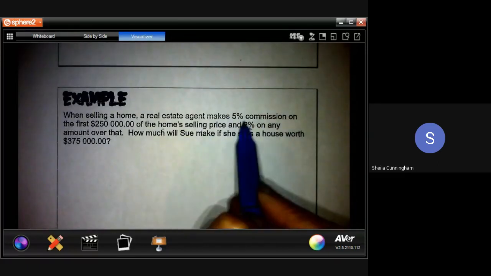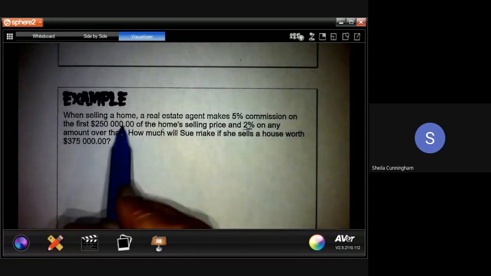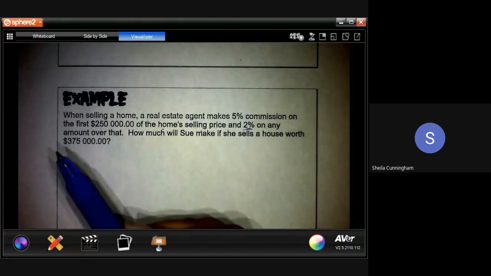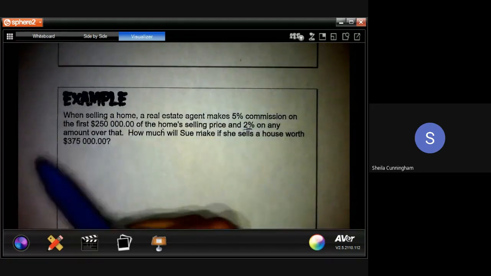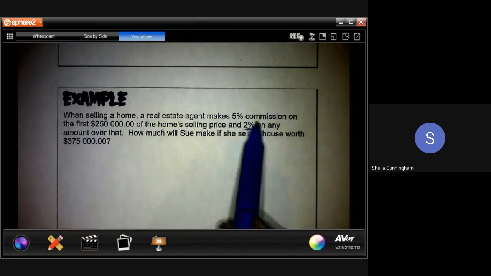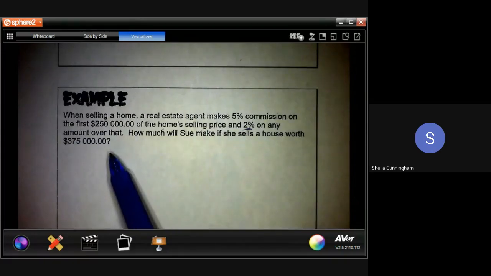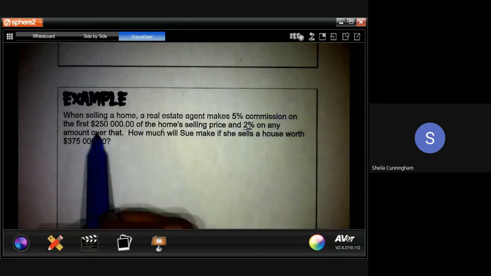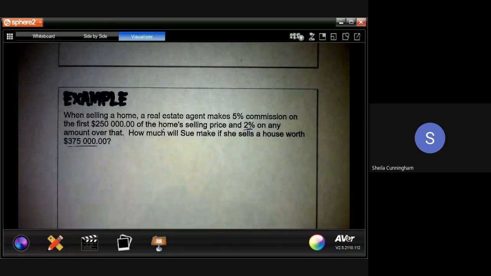So they're really taking a higher commission rate off of the first chunk, because most homes, depending on the cost of the home, is going to be more average price at this. And then anything over and above, you're still making 2%. You're not making as much, but you're also dealing in larger amounts of money here compared to the last question. So how much does Sue make if she sells a house worth $375,000?